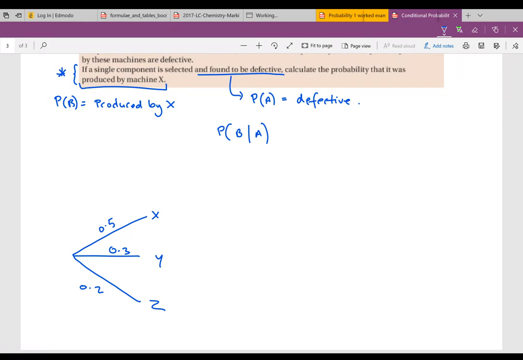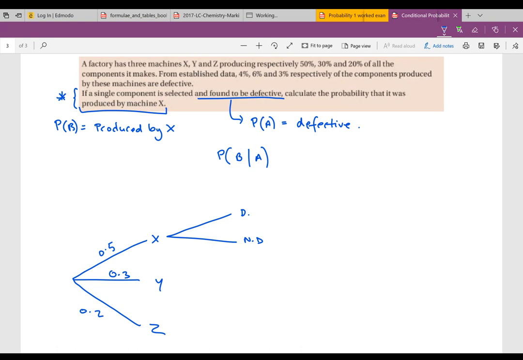Okay, then each can be defective, I'll just use D, or not defective. For X, there's 4%, so 0.04. I'm only worried about them being defective, so I don't have to worry about the non-defective, but if I wanted to put in my probability here, it would be 0.96. For Y, the probability of it being defective is 0.06, and not defective is 0.94.